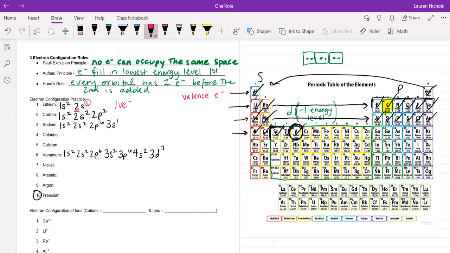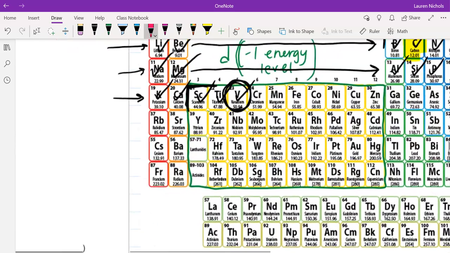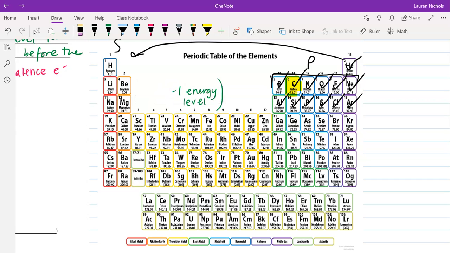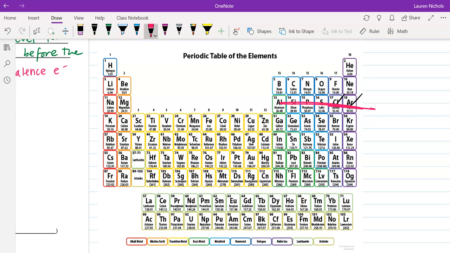And then for carbon, the highest energy level is 2, and it's 2 plus 2, a total of 4 valence electrons. And for sodium, the highest energy level is 3, and there's 1, so there's 1 valence electron. What that helps us see, if you zoom in on our periodic table, and I'm going to go ahead and erase all of this so we can see it more clearly, is that there's a pattern.